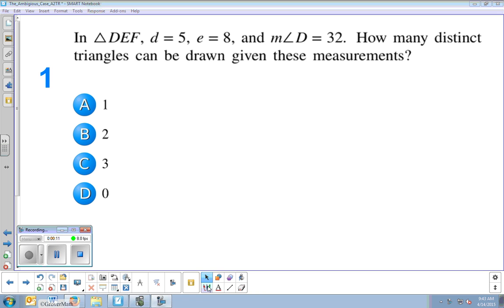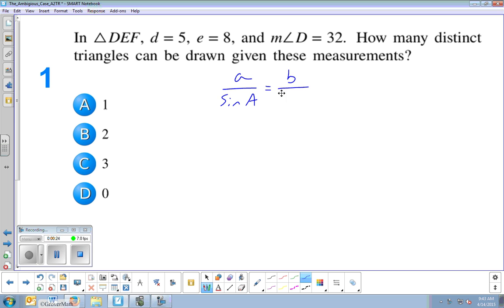an angle. The law of sines formula, as we know from a previous lecture, is a over sine A equals b over sine B and c over sine C, and really any side over the sine of its opposite angle.